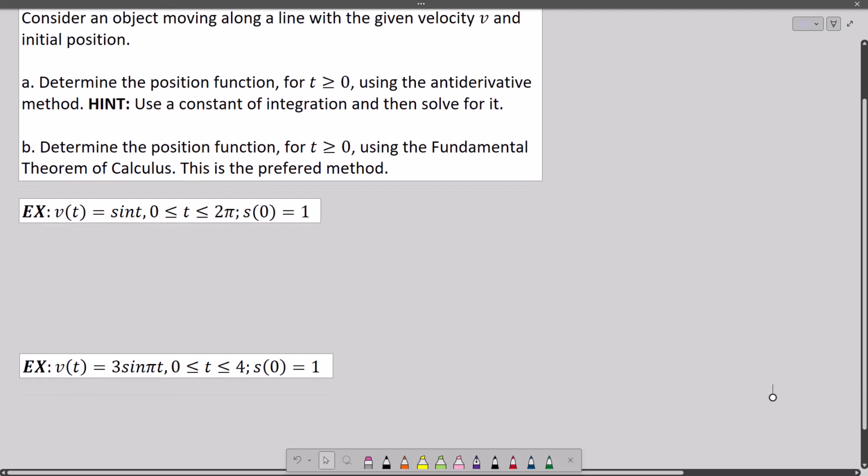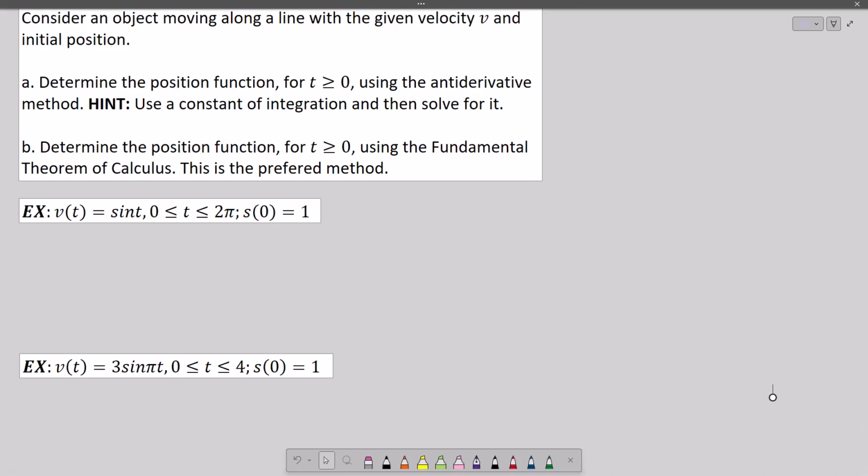Okay, position from velocity. Now we can do what I was inclined to do a couple slides ago. Notice that we still want to find position, but now we're given the initial position. So now we can completely find S of t.